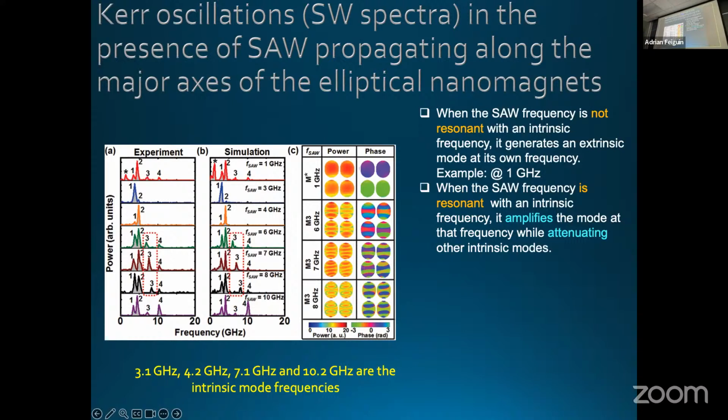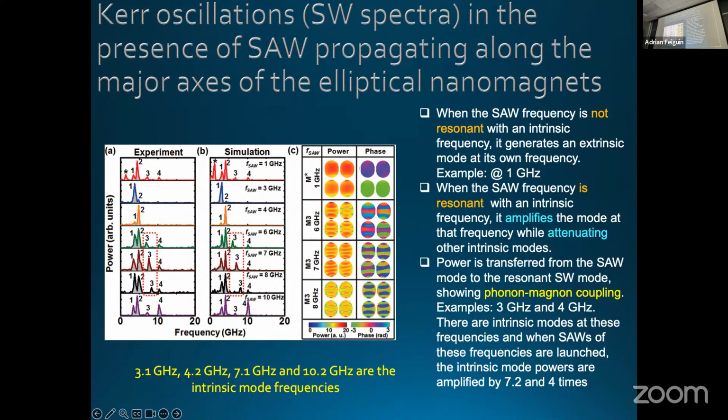Power from the phonons in the SAW is getting coupled into the corresponding magnon mode at the same frequency and amplifying that magnon mode. That is why the peak grows. Power is transferred from the SAW to the resonant mode, showing phonon-magnon coupling. Examples are at 3 gigahertz and 4 gigahertz.